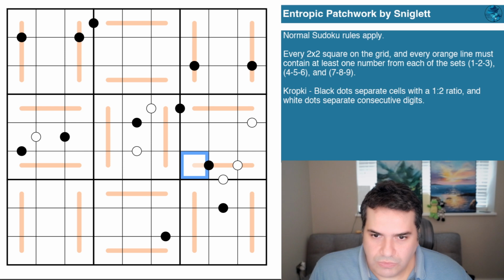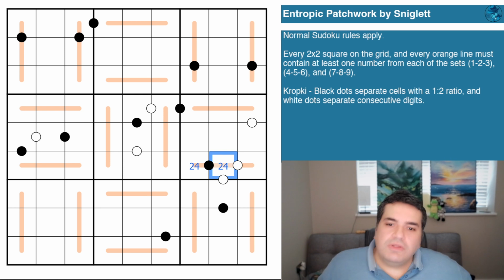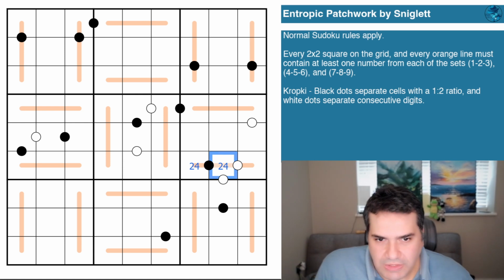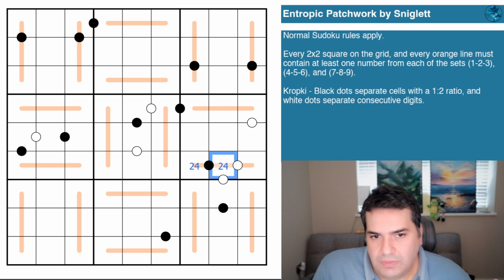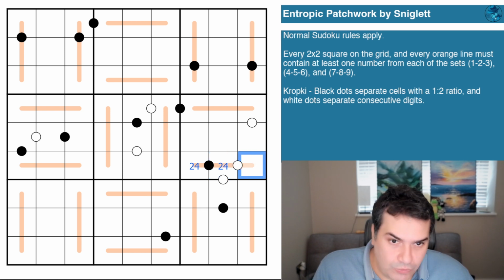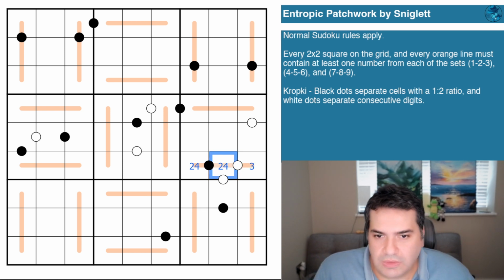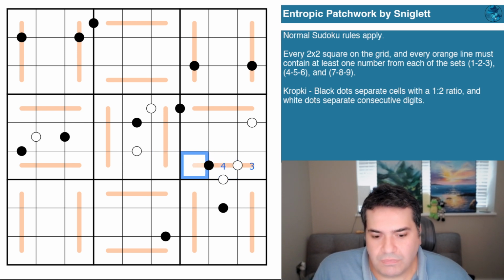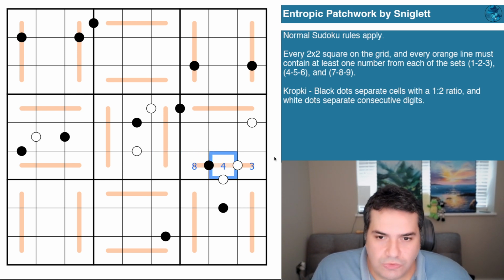So if this was 2, 4, yeah, you see that's quite tricky actually. Because whatever this cell is has to be on the edge of a set. 2 is very much in the middle. I mean, 4 works, but 4 would have to go down to a 3. So I can do 4, 3, and this would be a valid fill, for example. I can do 4 and 8, and that would be a valid fill.